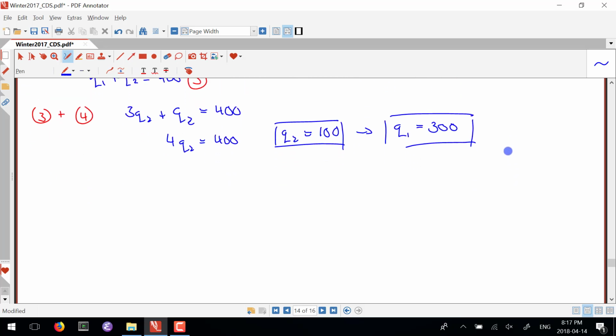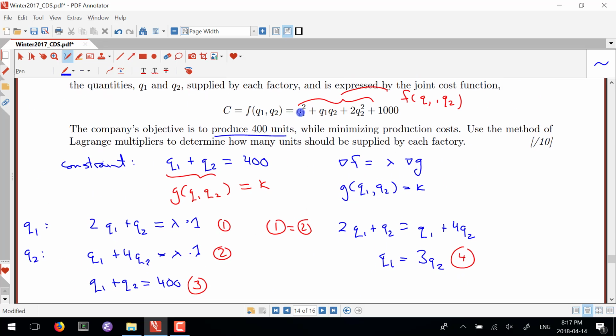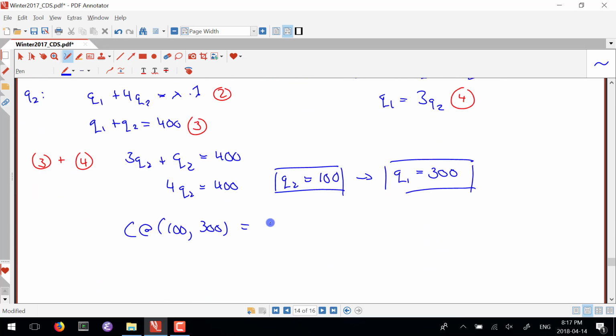And so that's going to lead to an optimal production cost at 100, 300 of, going back to our original function up here, 100 squared, oops, those are backwards. Q2 is the 100 and Q1 is the 300.